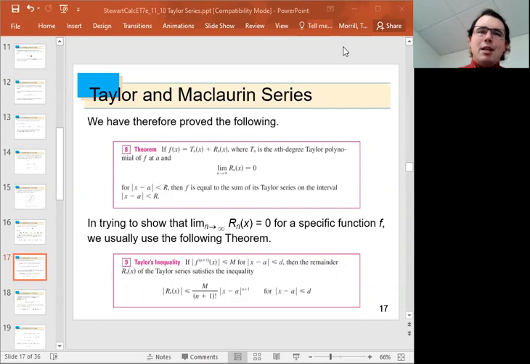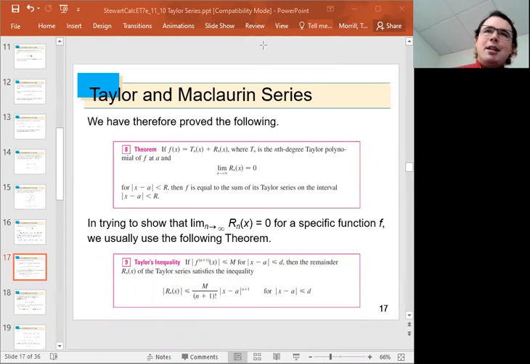If both of those are true, then this inequality is also true: that my remainder must be less than or equal to M divided by n plus 1 factorial, which is then multiplied by the absolute value of x minus a raised to the power n plus 1.